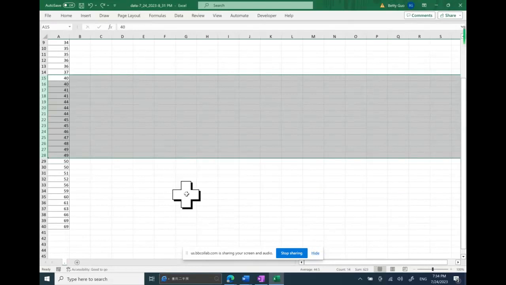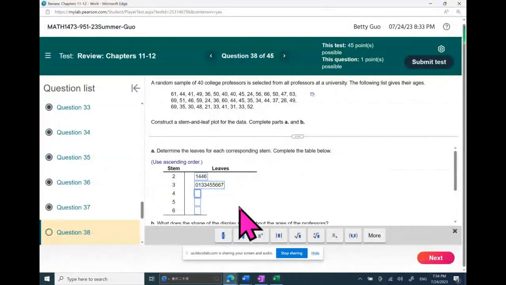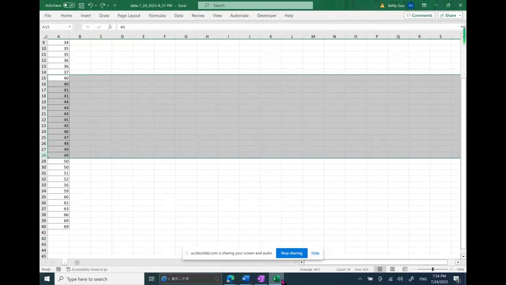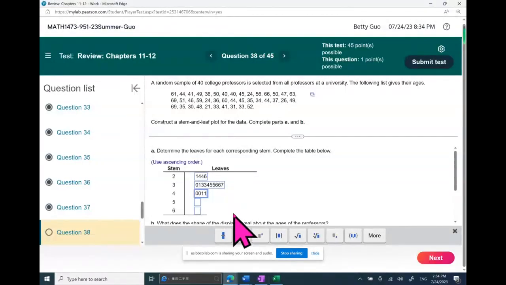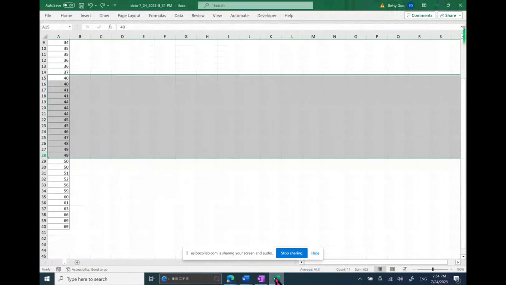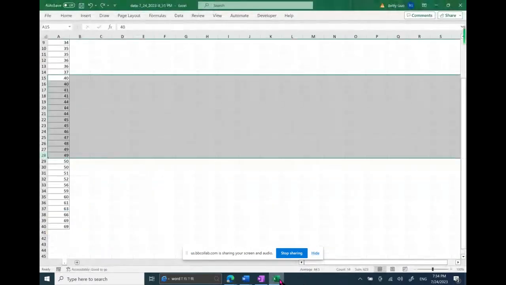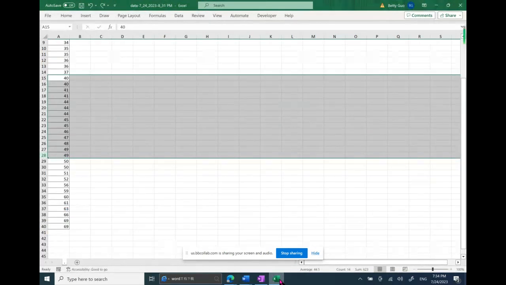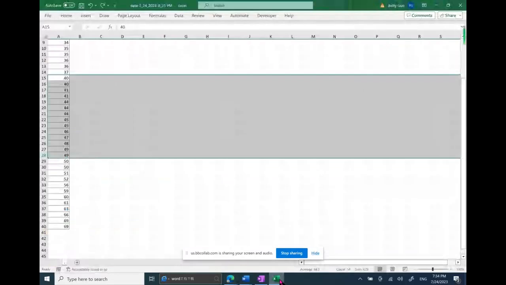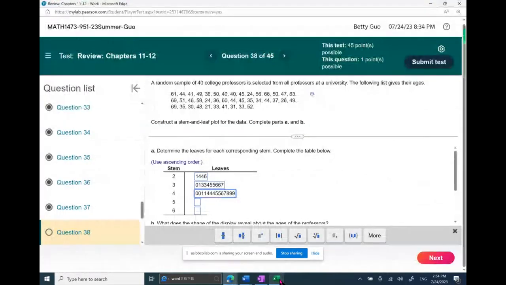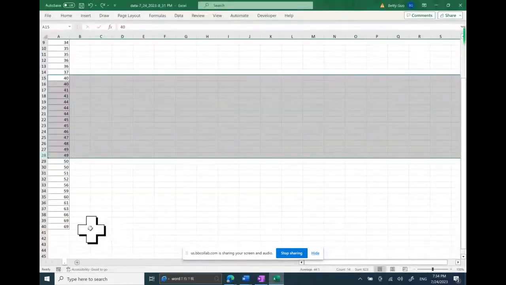So we have two 0s, two 1s, three 4s, two 5s, 6, 7, 8, two 9s. Yeah, double check. Two 0s, two 1s, three 4s, two 5s, 6 7 8, two 9s. Very good. And then we're going to do the 50s.